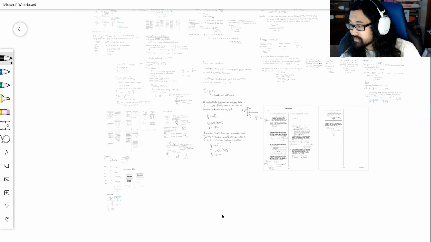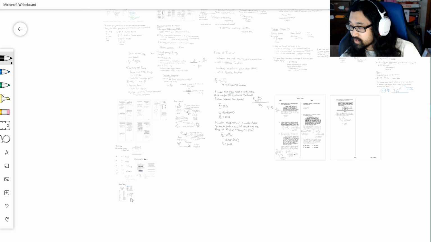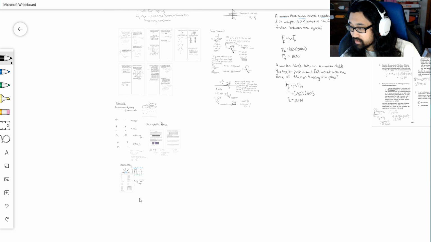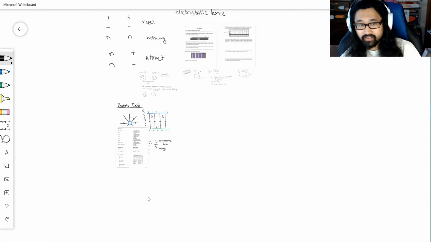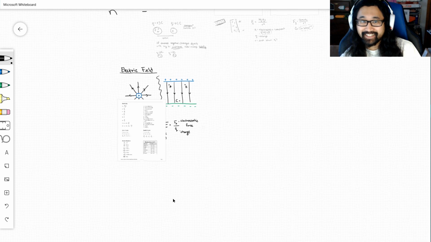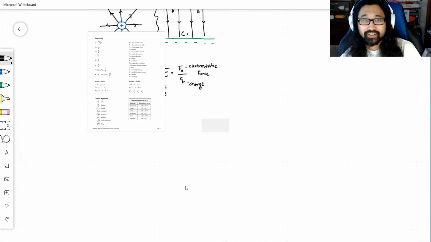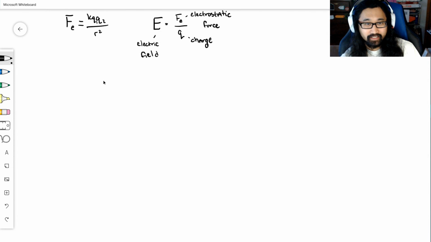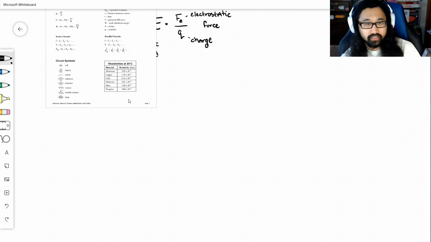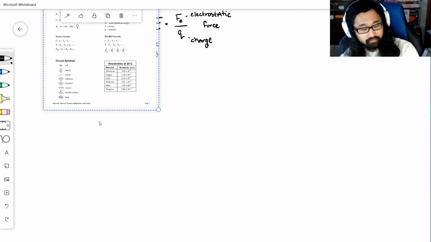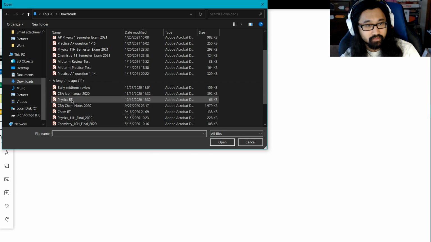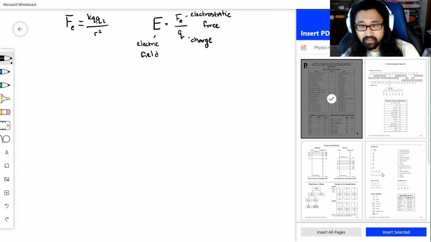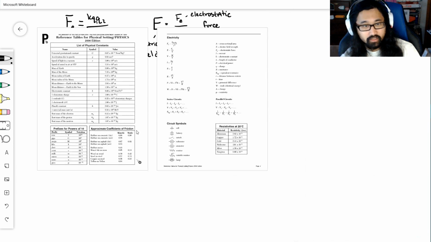Where? Oh, is that it down there? Look, wow, that's really organized. One of these days, all of my technology is going to work perfectly. Oh shoot, I actually need more than one page. So let's undo that entirely. Joke's on me. Try again. Physics reference table. I actually need this page and this page. Let's insert them both.